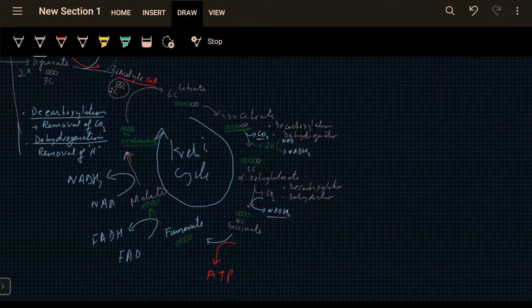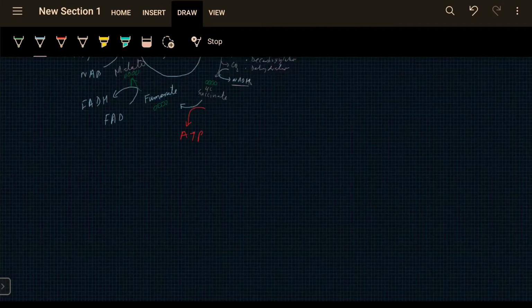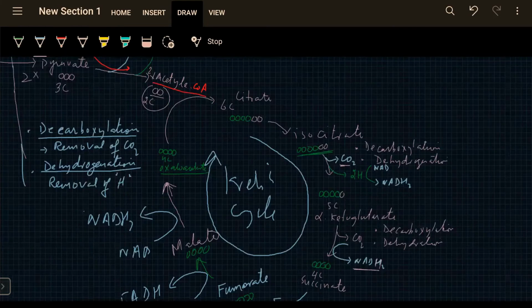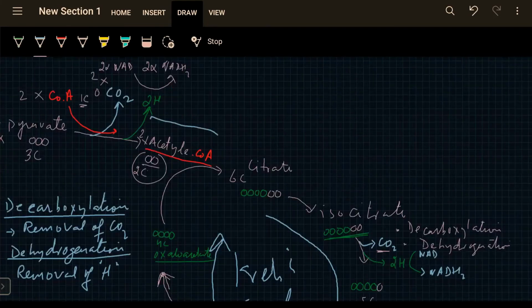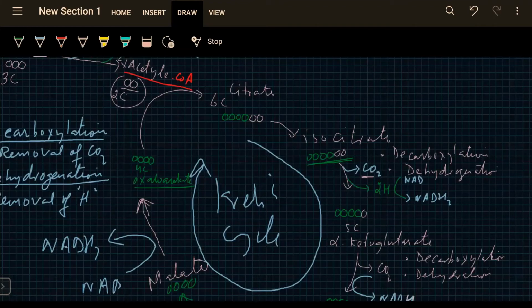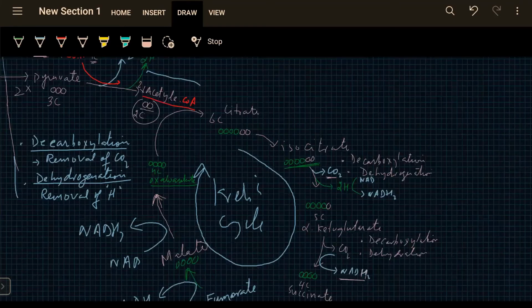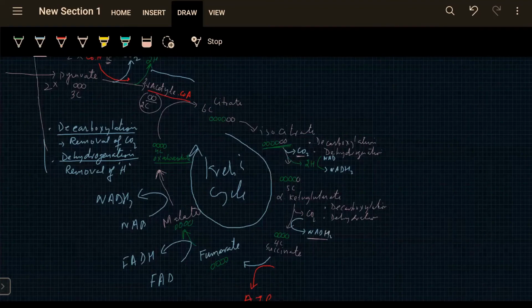You know, there were two molecules of acetyl coenzyme A in the beginning. So this cycle runs twice for a glucose molecule. As this cycle runs twice, everything will double in this reaction.